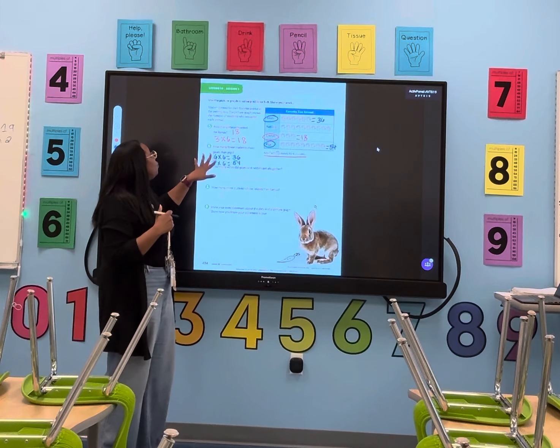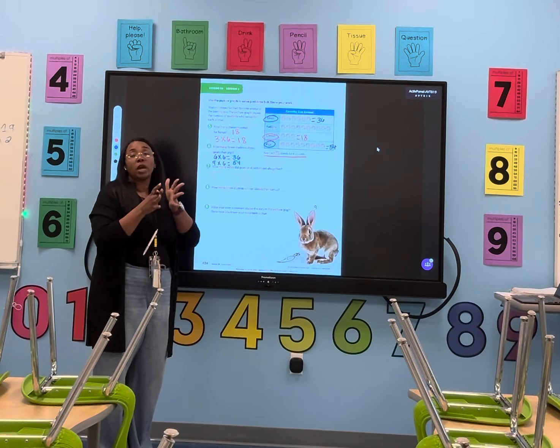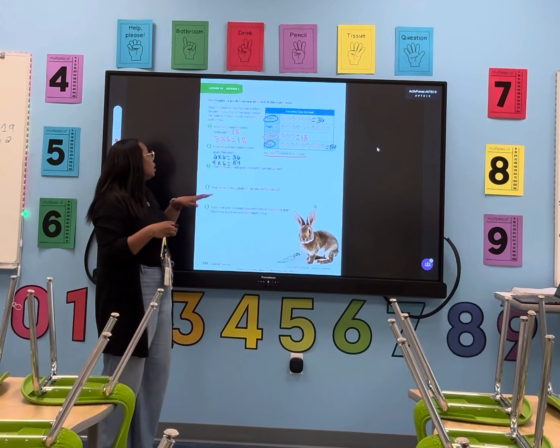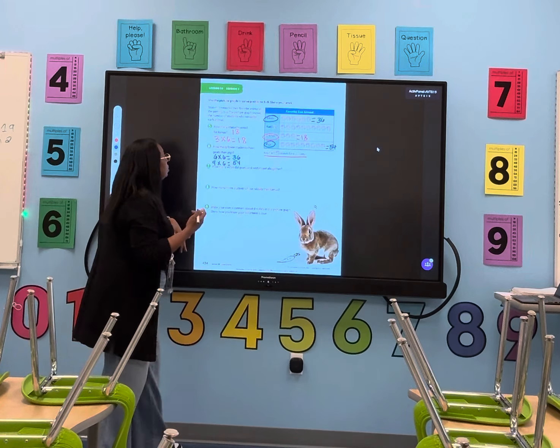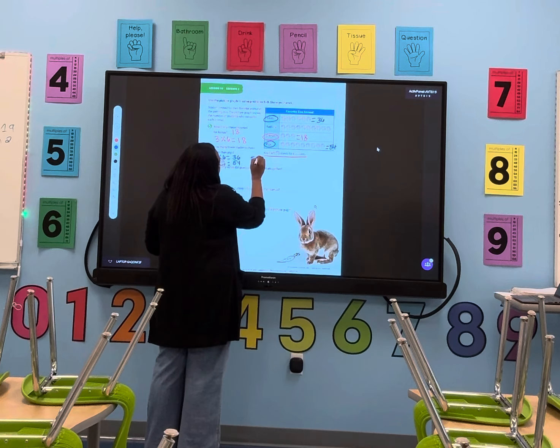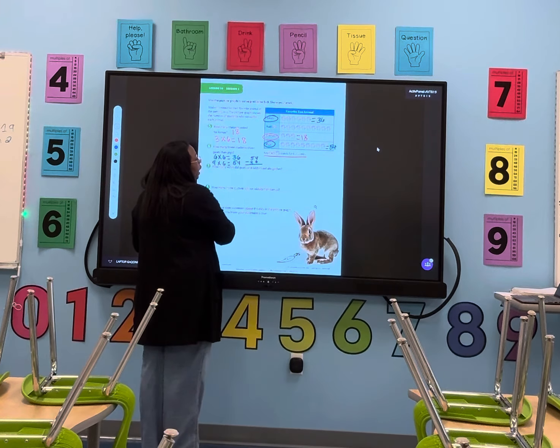So it says how many fewer students chose goats than pigs. So when we see fewer, that means we're going to do some subtraction so we can figure out how many less kids chose one than the other. So let's do subtraction. We have 54 minus 36. Okay, so 4 minus 6, we cannot subtract that.